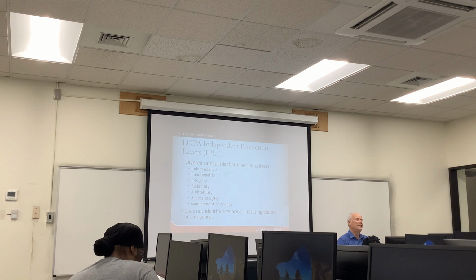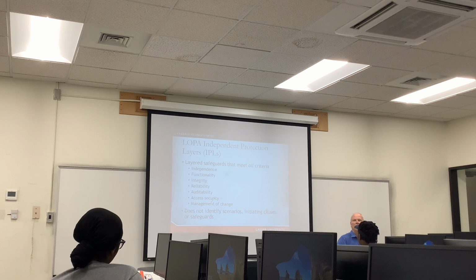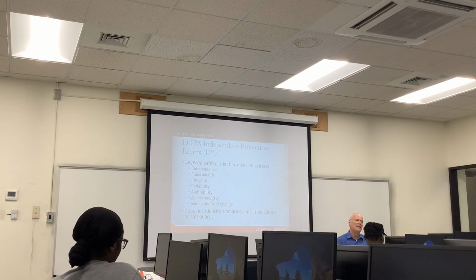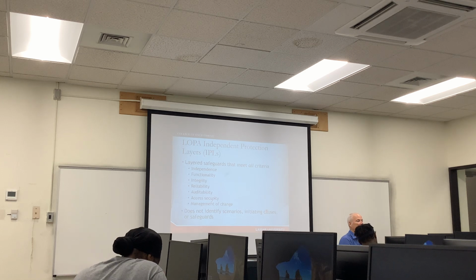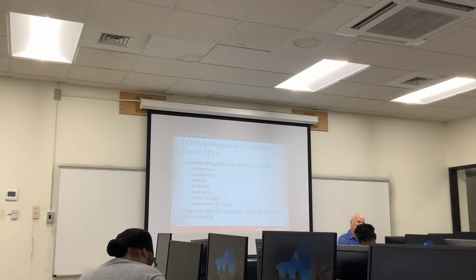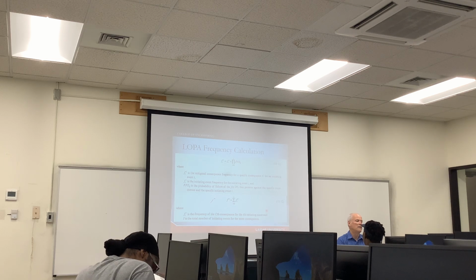So it's important that the IPLs, and they call them IPLs, right? What does IPL stand for? Yeah, Independent Protection Layer. You might as well get used to that one. So IPLs are a thing. They have to be independent. That's the most important one. But if you meet those criteria, then the calculation is very simple.